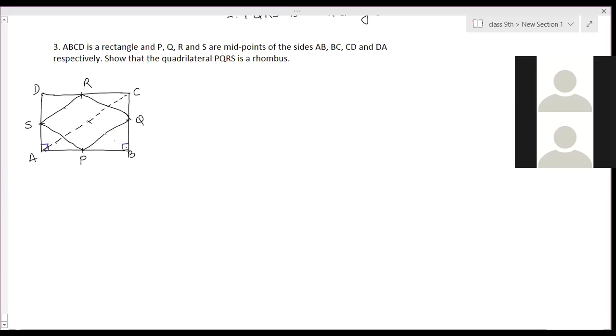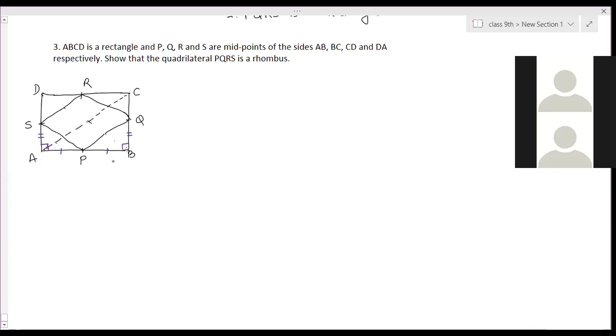Now P is the midpoint of AB, so therefore AP is equal to PB. And we know it is a rectangle, that means opposite sides are equal. AD and BC are equal. AS is half of AD and BQ is half of BC, and AD and BC both are equal. So therefore BQ and AS are equal to each other.